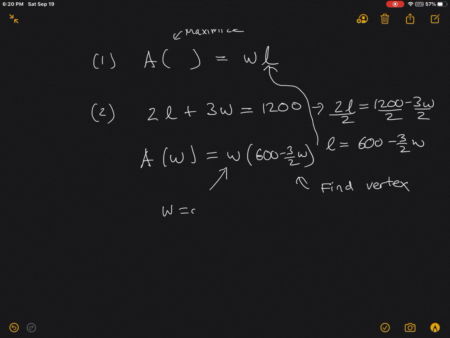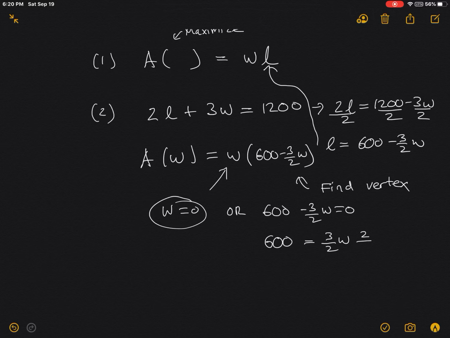W is equal to 0, or 600 minus 3 over 2 W is equal to 0. So one of my x-intercepts is 0. This one, if you solve really quickly, multiply both sides by 2/3. 1,200 over 3 will give you 400.